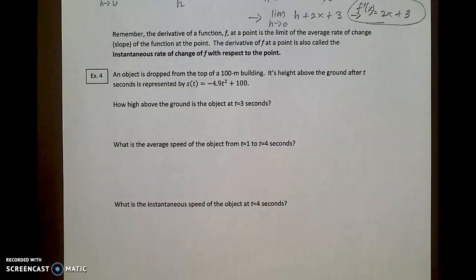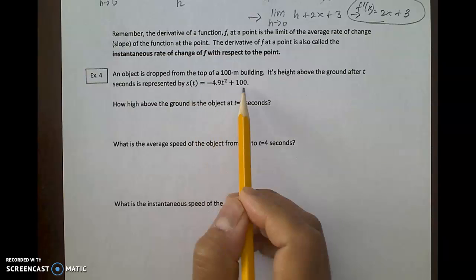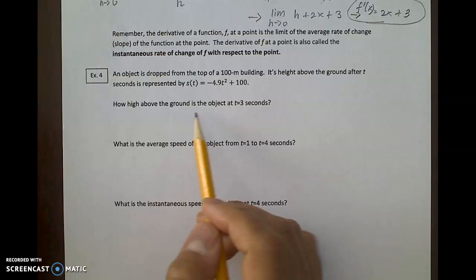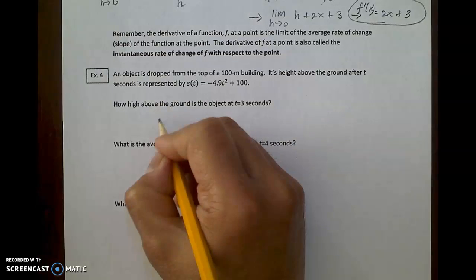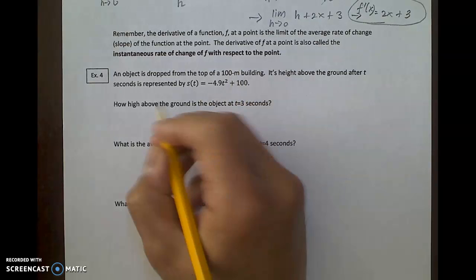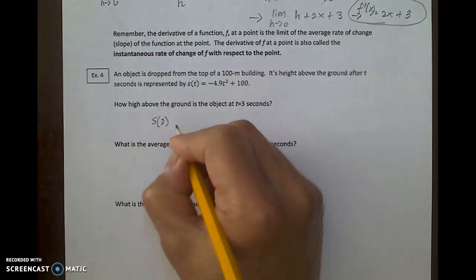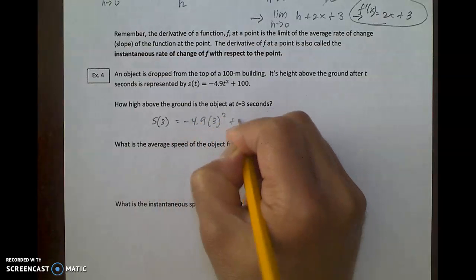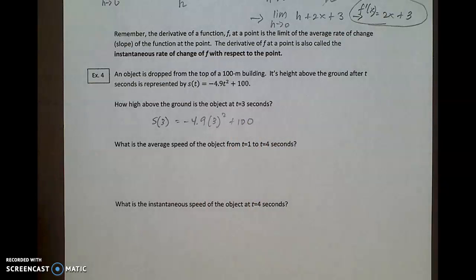Alright, so for this last example, here we have an object that's being dropped from the top of a 100-meter tall building. Its height above the ground after t seconds is represented by this function. The first part asks how high above the ground the object is at 3 seconds. So we are simply plugging in 3 in for t.